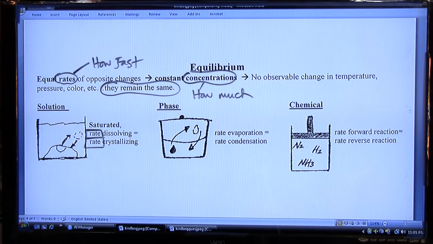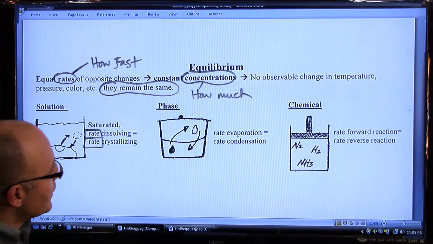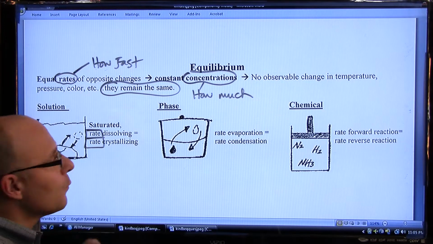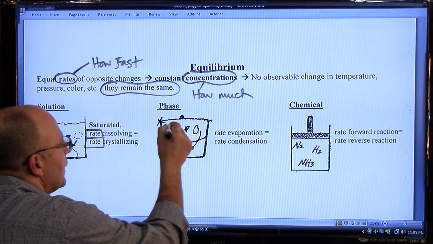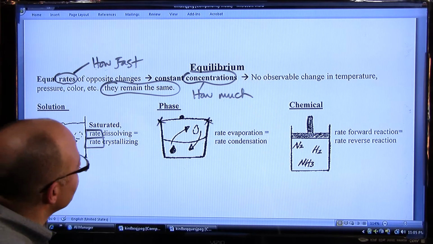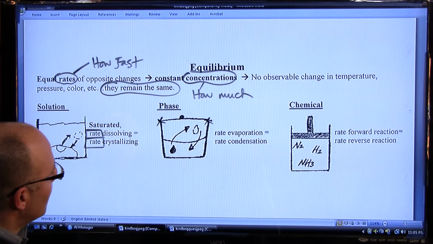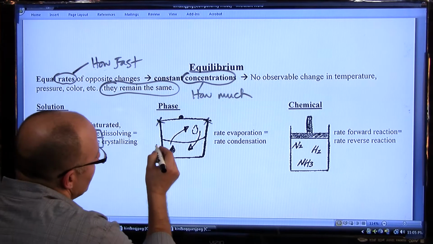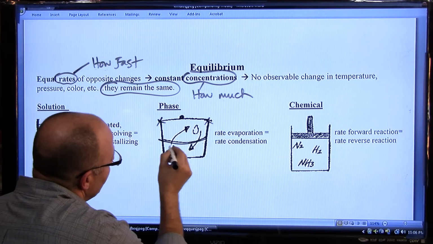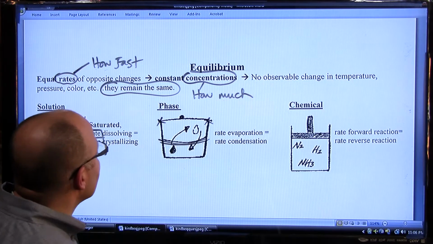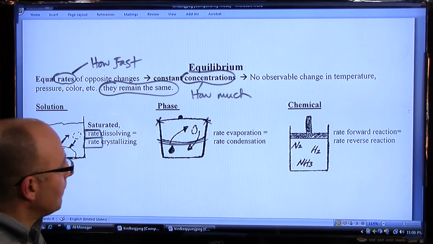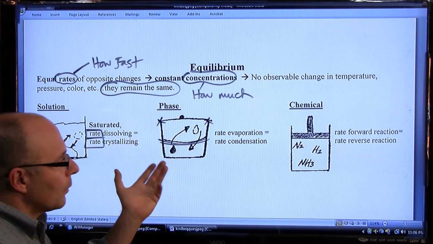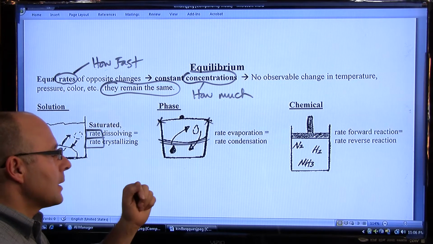All right. The phase equilibrium situation would be something like when you take a beaker of water and cap it, preventing it from all evaporating. What will happen over time is the water level will go down, and then at some point the water level will remain the same. And the question is, well, why is that? Is it because it's no longer evaporating? Well, no, that's not the case.